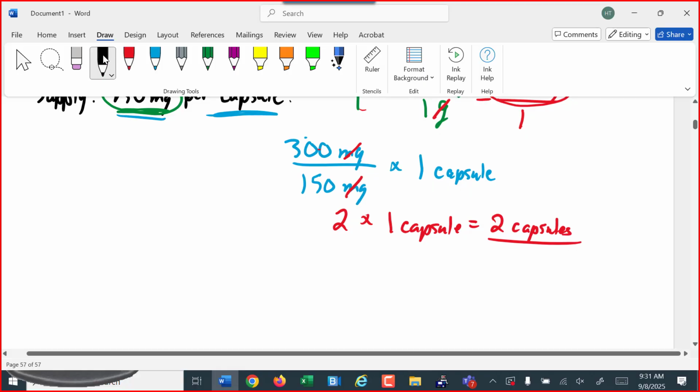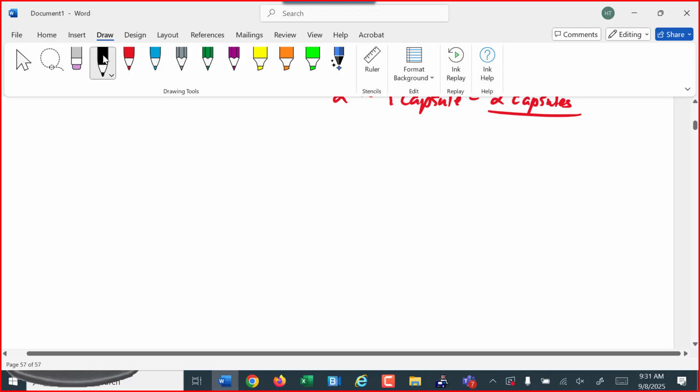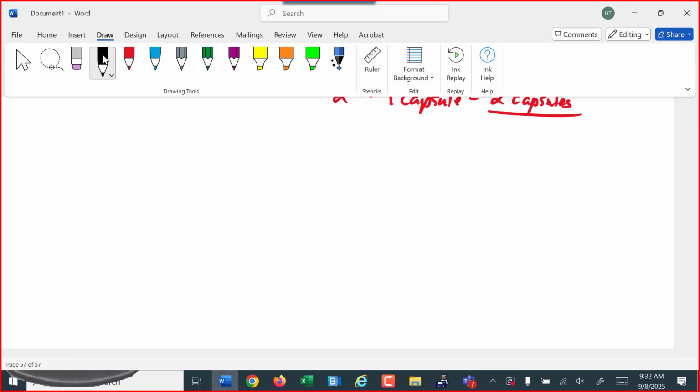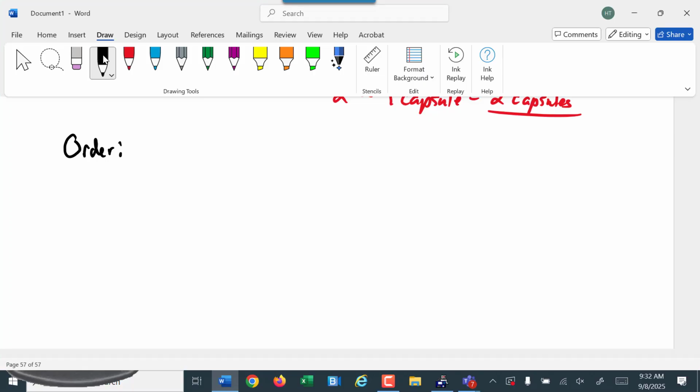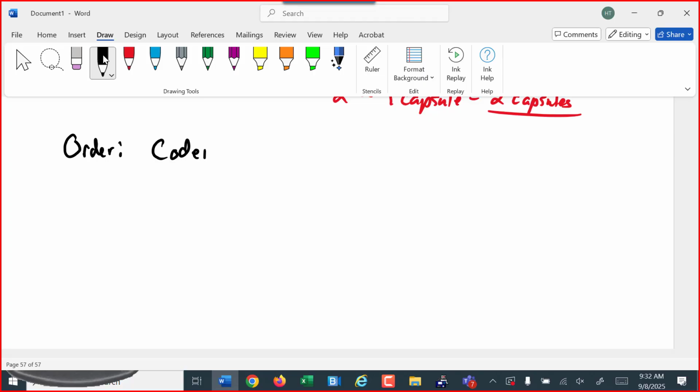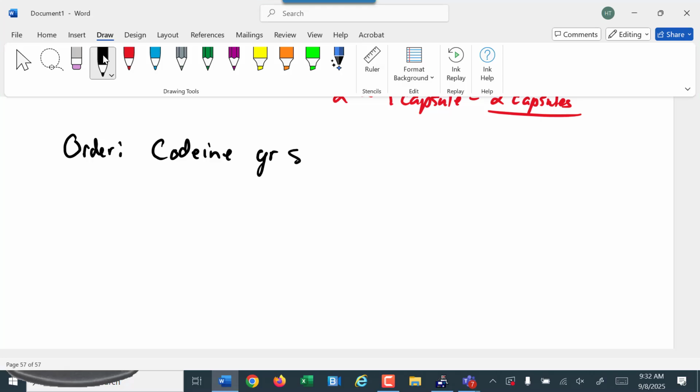Well, let's get a little more adventurous here. Partly because it shows some of the weaknesses of the formula. So let's look at a doctor's order for codeine gr ss.